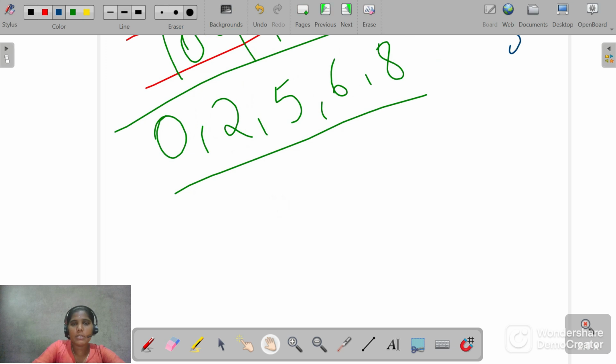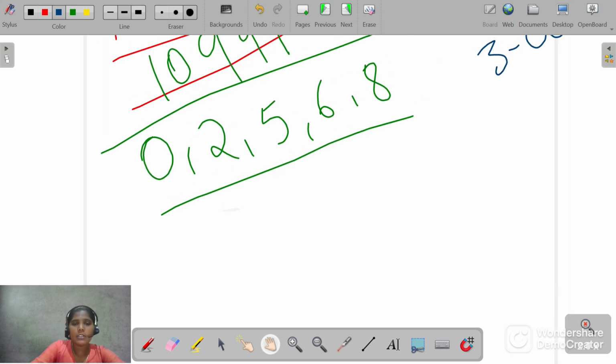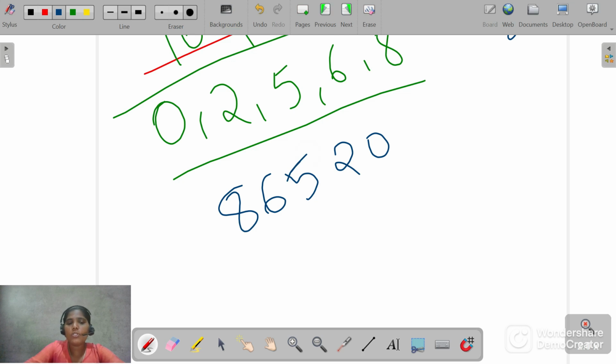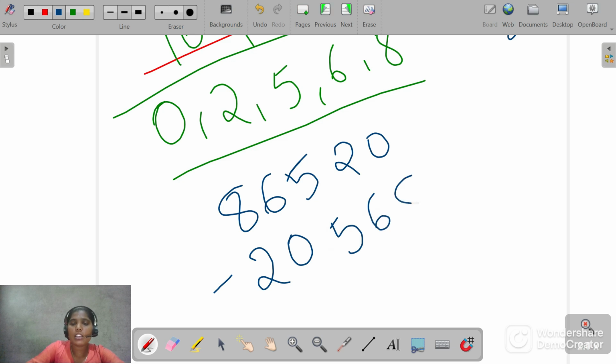The greatest will be, as we all know, right, in the reverse order. That's it, highest to lowest. 8, 6, 5, 2 and 0. So when we have to write the smallest, we can't start with 0. I have already said this. So remember, write in the lower to higher order. That is 2, 0, 5, 6, 8.